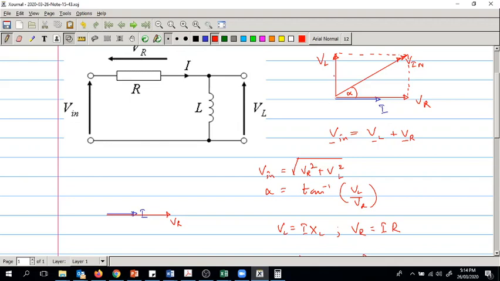Rather than starting at this point, you can start from the end. So that will be this VL, and two ends will give you V in, right? Again, same alpha would be here, right? Let's save this.